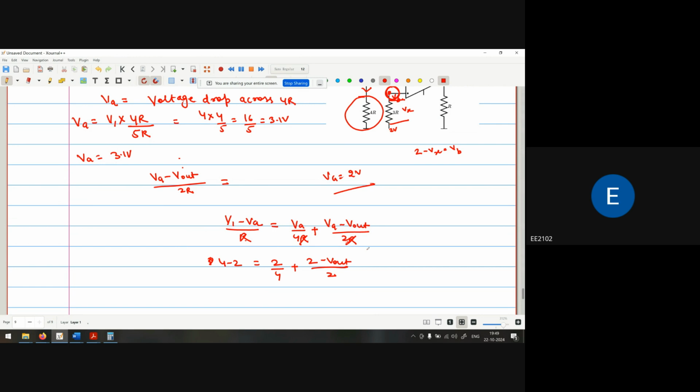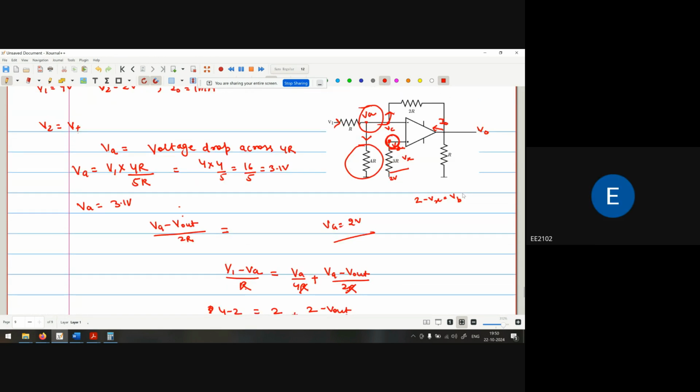If I take the LCM, 8 is equal to 2 plus 4 minus 2 V out. So minus 2 V out is equal to 2, which implies V out is equal to minus 1.